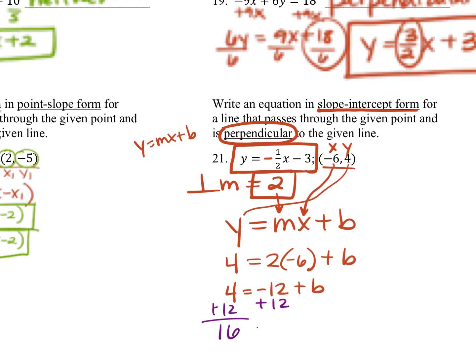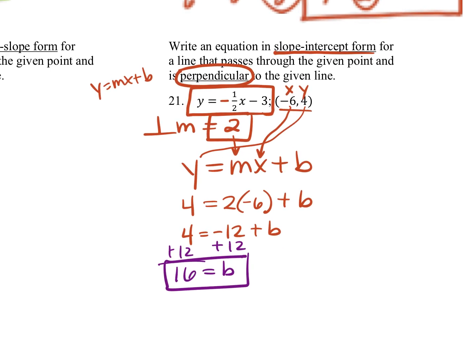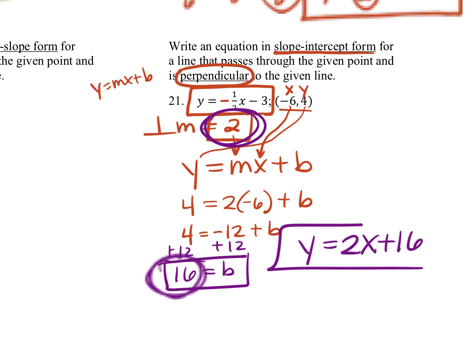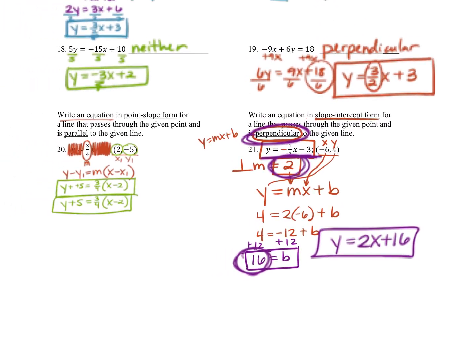So 16 is your b value. And then we're going to plug that into slope-intercept form. So the slope we said was 2. The y-intercept is 16. So y equals 2x plus 16. And that would be the equation of the line that is perpendicular to the equation that they gave us. Okay, so y equals 2x plus 16.